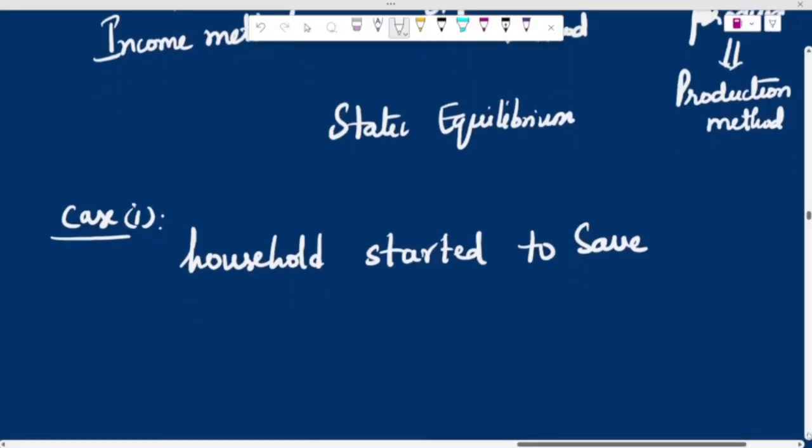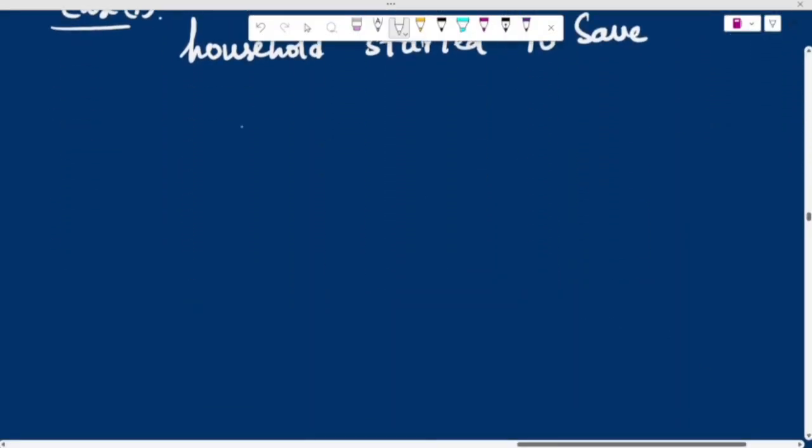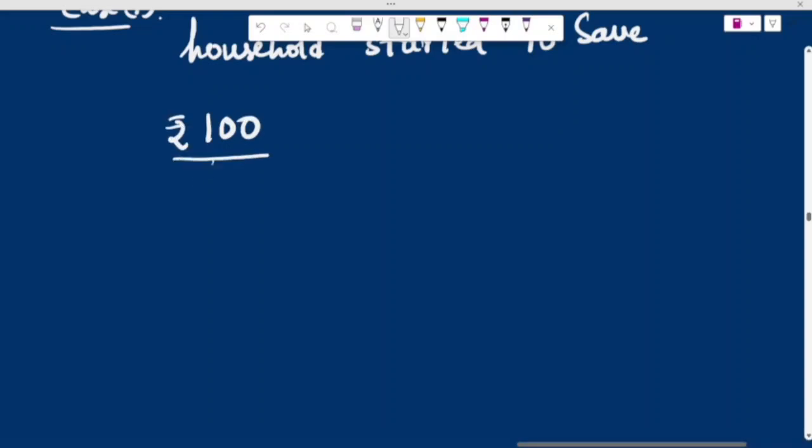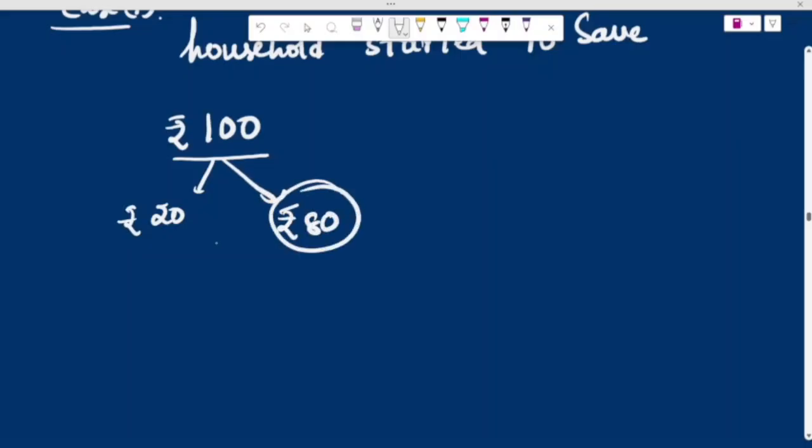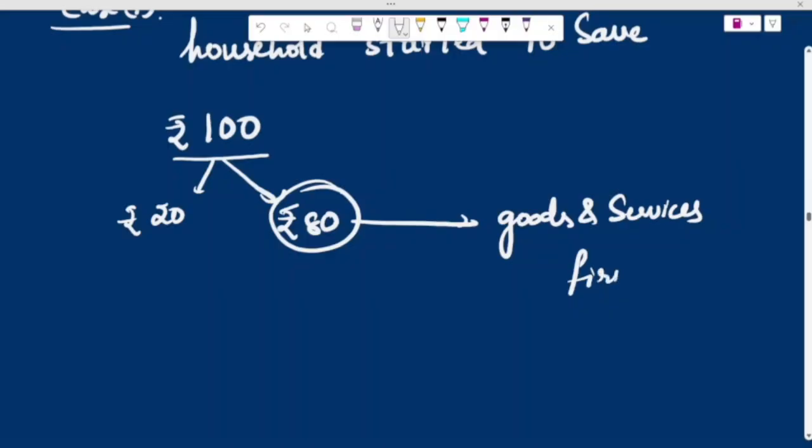They started saving 20 rupees and will spend 80 rupees to buy goods and services produced by the firm. But the firm is producing 100 rupees worth of goods, and the people are buying only 80 rupees worth. There is a leakage of 20 rupees to the bank.